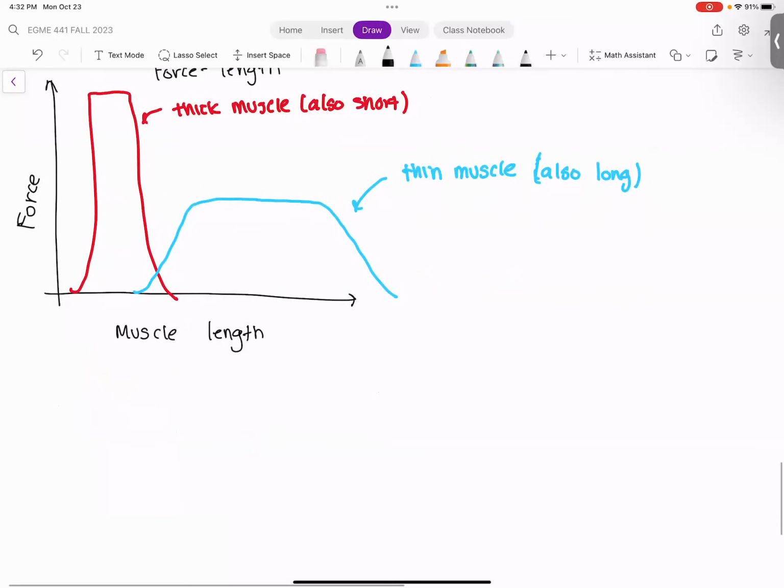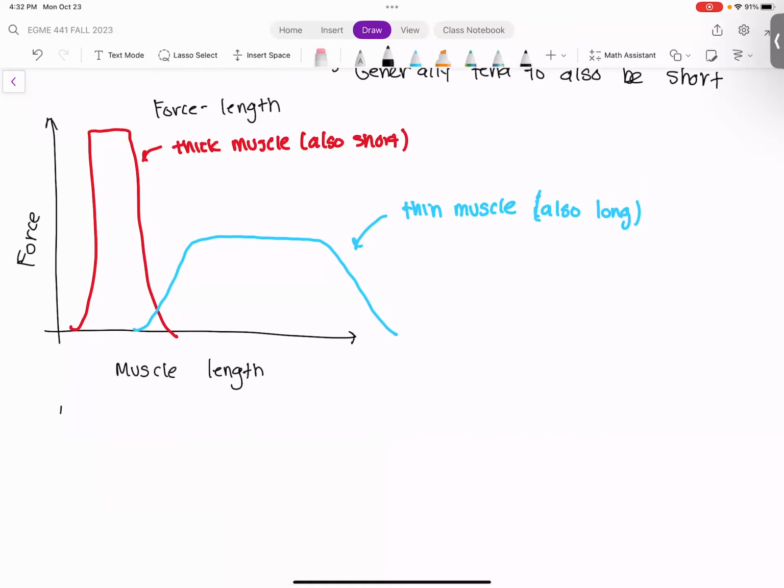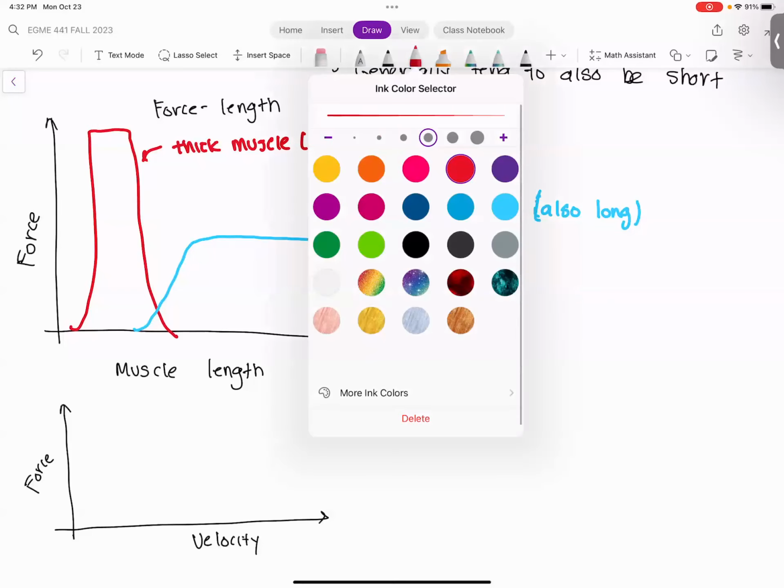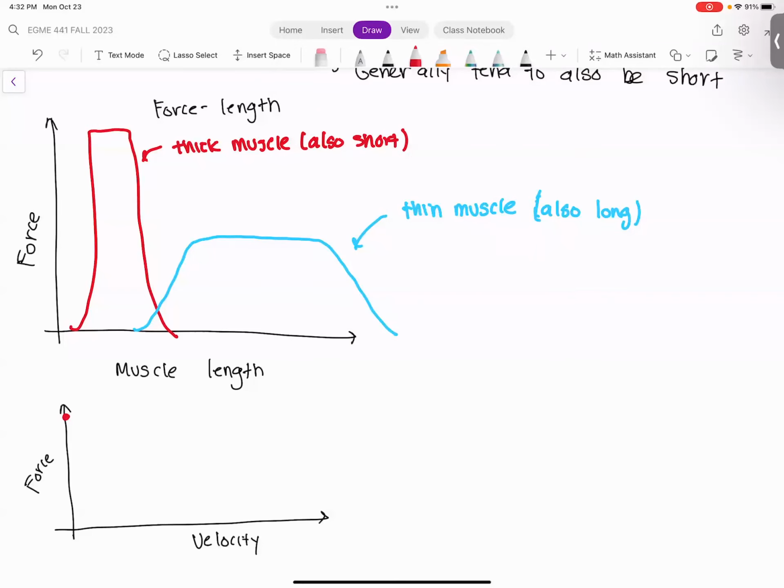Let me also draw the difference in the force velocity curve. For a thick muscle, again, we have a higher peak, and so a higher isometric maximum like this. But because these muscles tend to be shorter, they can fall off very quickly, so you have something that looks like this.